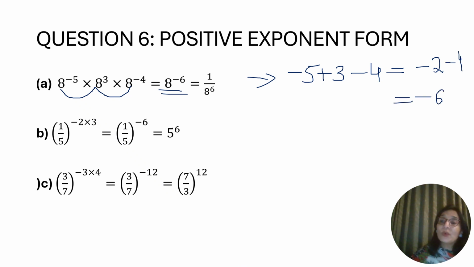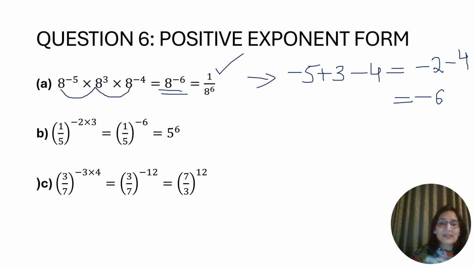When both numbers are minus, what do we do? We add them and write the negative sign. So 8 to the power minus 6. Now you have to give the answer in the positive exponent form. So when we are giving it in positive exponent form, we just reciprocate. So 1 upon 8 to the power 6 is our answer. Hope this is clear to you.